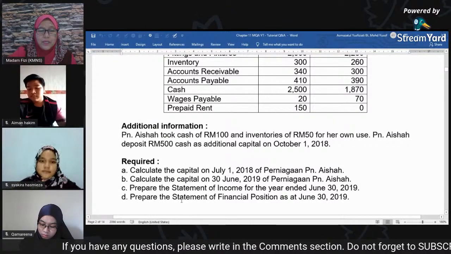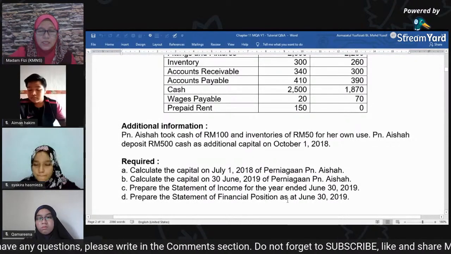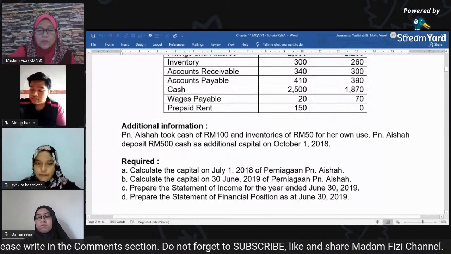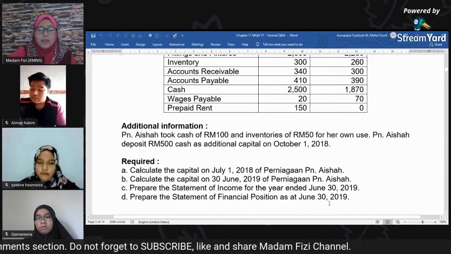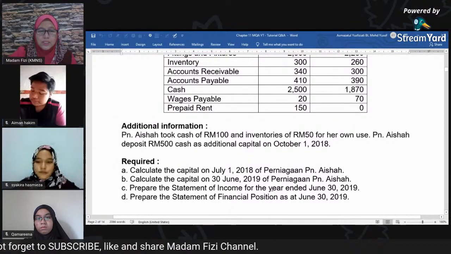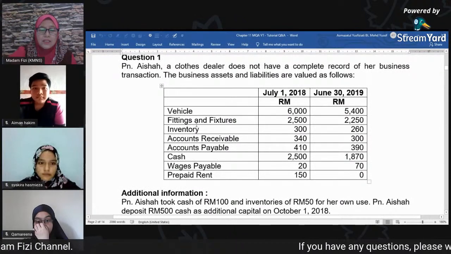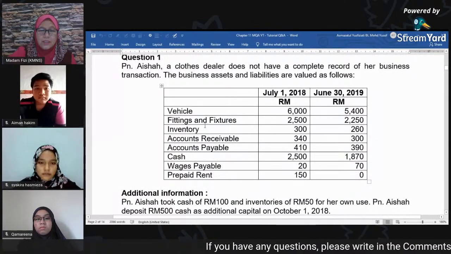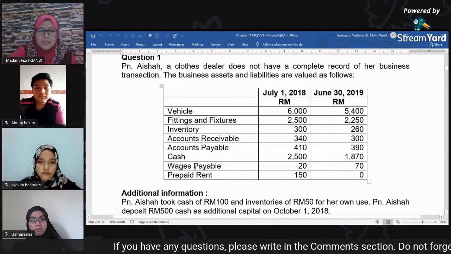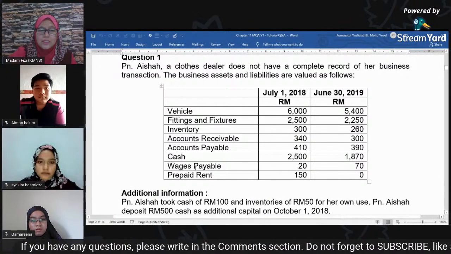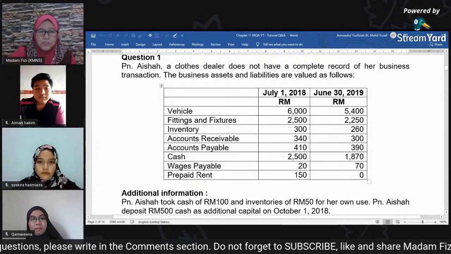And D, prepare the statement of financial position as at June 30th, 2019. Okay, based on this question, you can only see assets and liabilities. Purchases, sales, revenue, expenses are not given here.